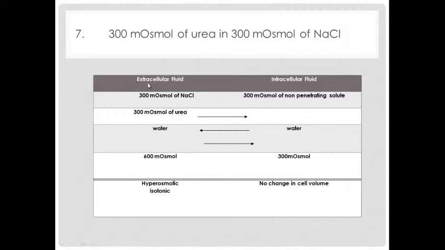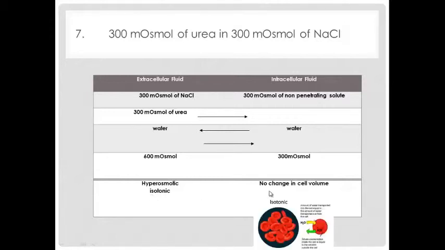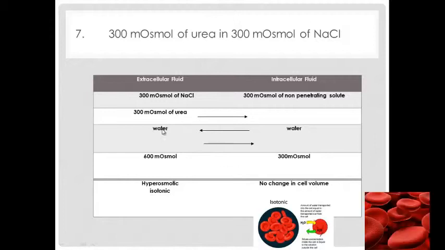But the extracellular fluid has 300 mL more of the non-penetrating solute, which is NaCl, equal to the intracellular fluid's 300 mL more of non-penetrating solute. So the tonicity of the intracellular and extracellular fluid is the same, which is isotonic, so there is no change in cell volume, water moves in and out, and the solution in test tube 7 becomes colorless.